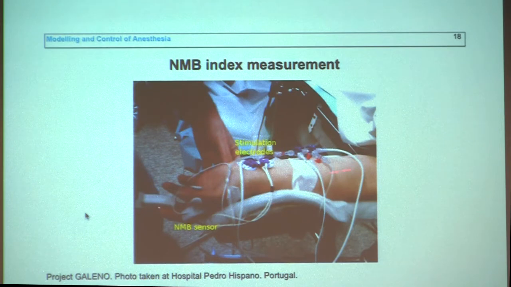Okay, here you have a picture in the operating theater. You place some electrodes on the ulnar nerve, usually it's the ulnar nerve, at the base of the thumb, and then you measure by electrical or mechanical sensors the reaction of the muscles. And from this you can infer the neuromuscular blockade level. Okay.